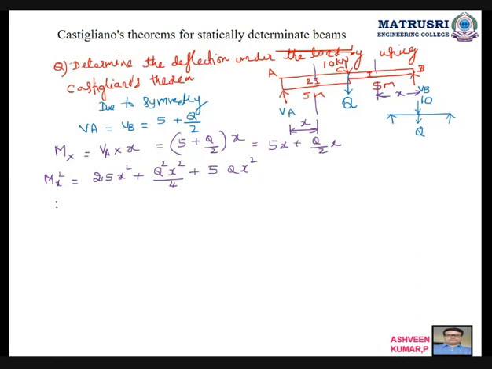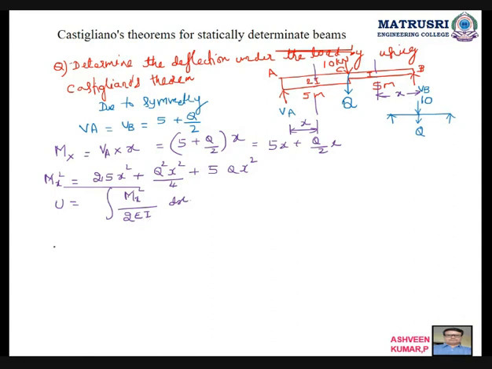Now what is strain energy? Strain energy is integration Mx square by 2EI into dx. Alright. Now see here, if I am taking from left to right, VA into x we are saying. So wherever I is there, you want to take it 2I.